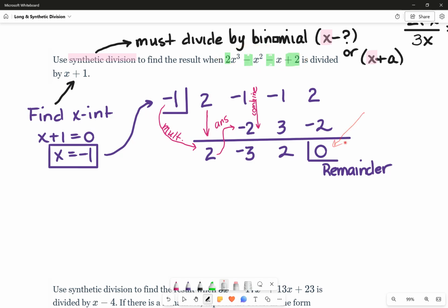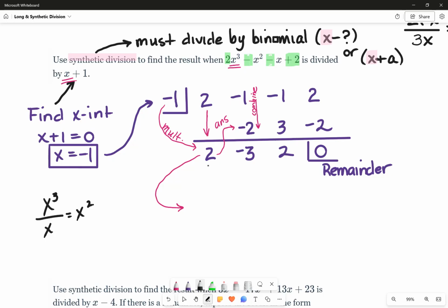Okay, so how do we write our final result? Well, we need to convert this back into a polynomial expression. So since we divided an x cubed function by an x function, our first term has to be an x squared, because x cubed divided by x is an x squared.